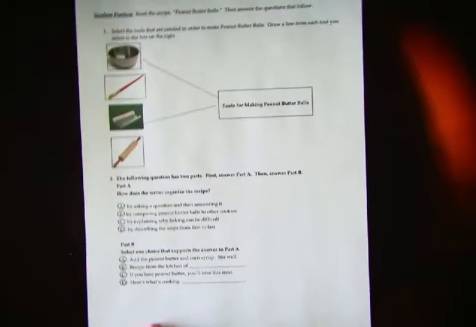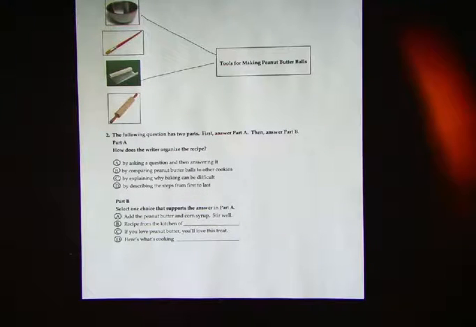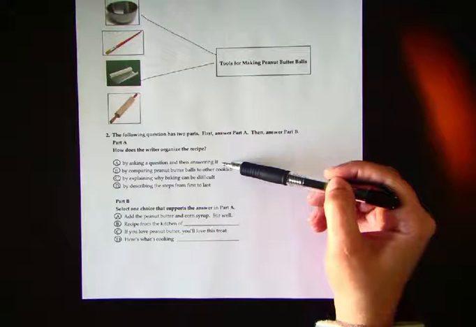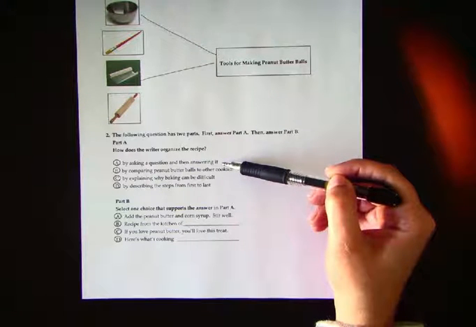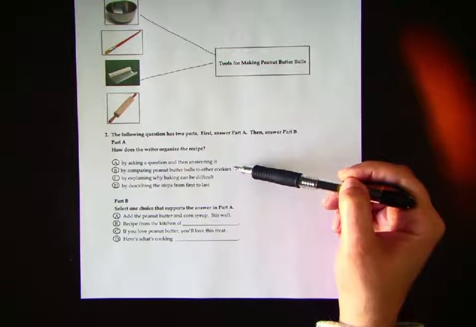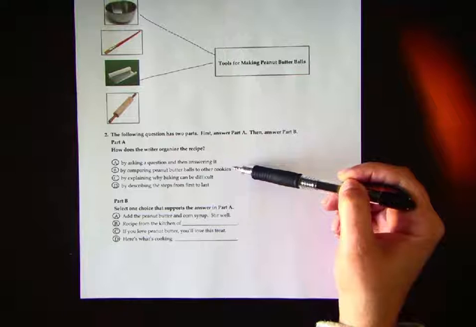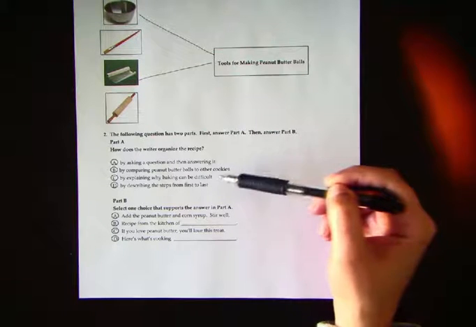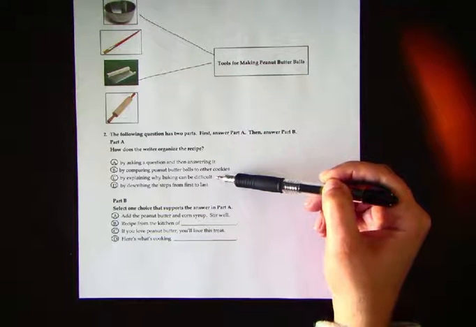Okay, so let's take a look at number 2. So part A asks, how does the writer organize the recipe? By asking a question and then answering it? He didn't do that. By comparing peanut butter balls to other cookies? No, didn't do that either. By explaining why baking can be difficult?